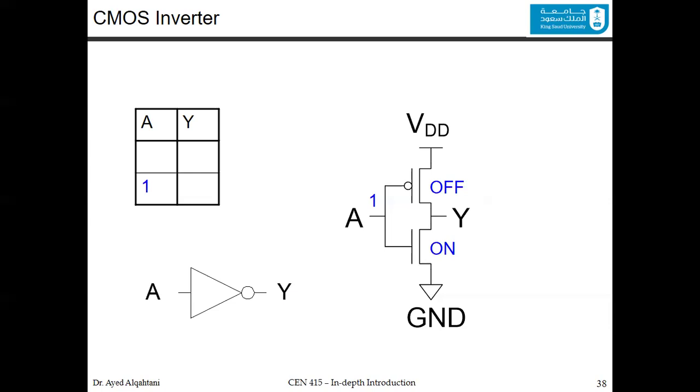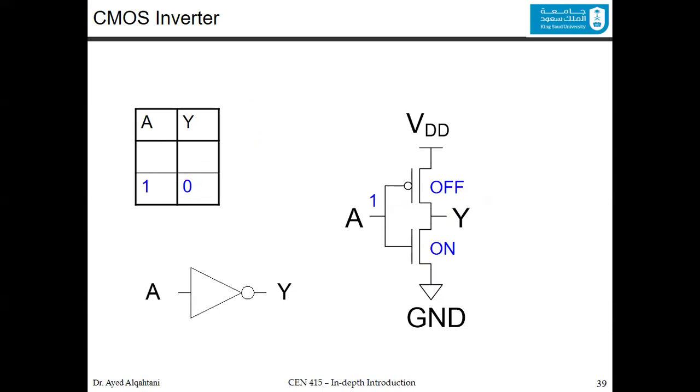Now the output Y has a path to the ground. Remember, the gate has no current flow, so there is no current flow in this direction or this direction. Since Y has a connection to the ground, the value of Y will be 0.